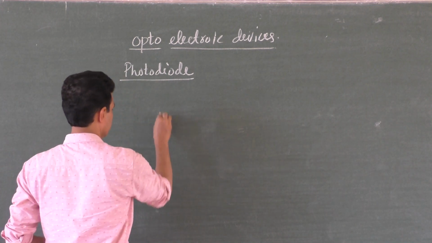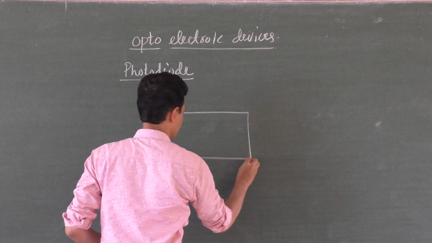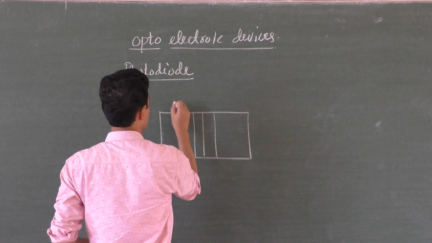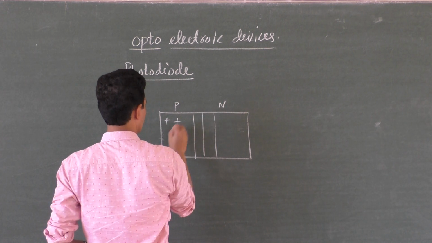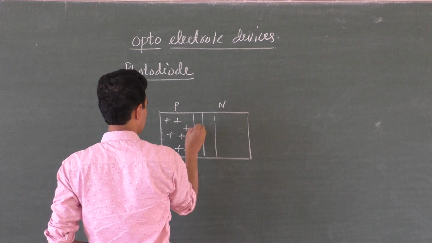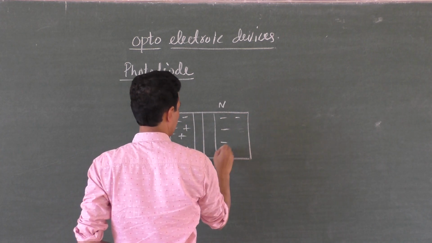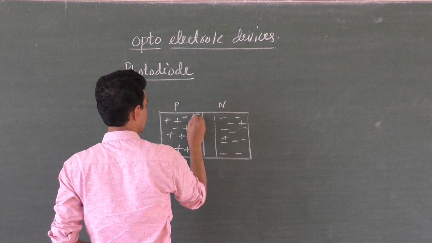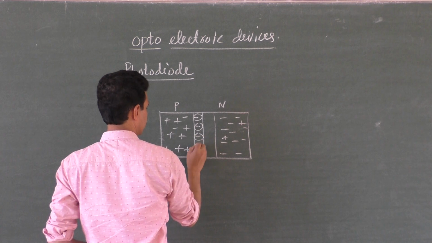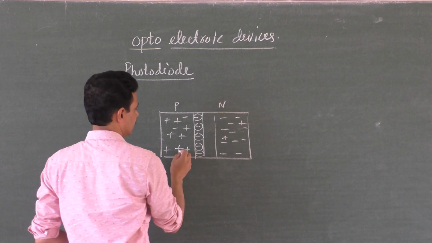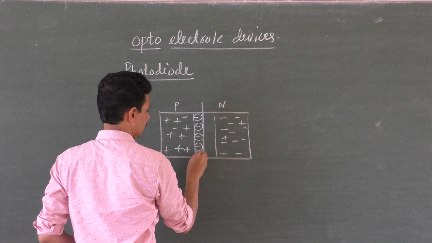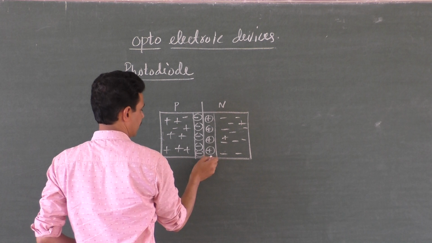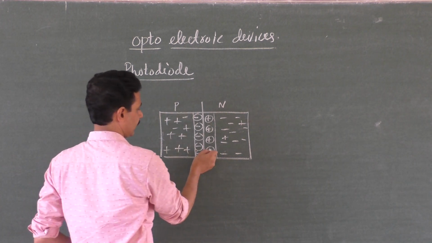So if you have the PN junction structure like this, this is the junction and here are the ions, and if this is P side and this is N side, here you have holes and very few minority carrier electrons, and here you have many electrons and minority carrier holes, and these electrons migrated here will make the trivalent atom negatively charged, and since they have left the junction here, this becomes positively charged, and these electrons which have left from here make this pentavalent atom positively charged.